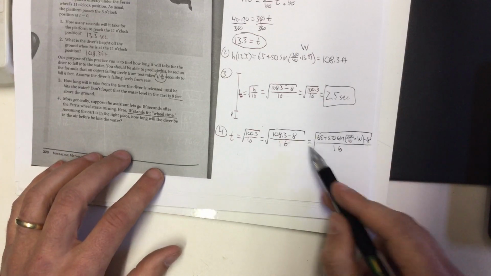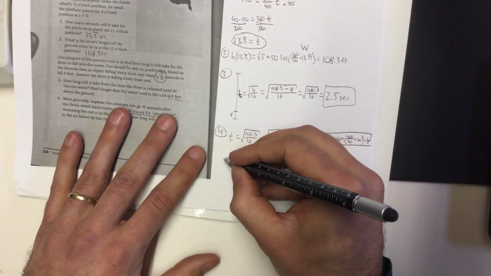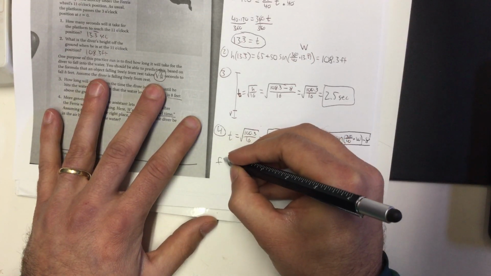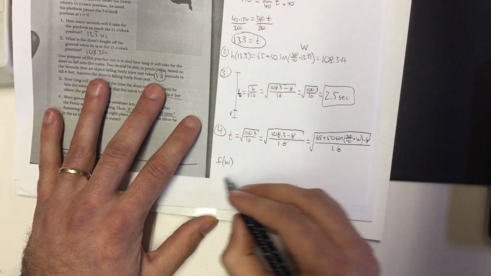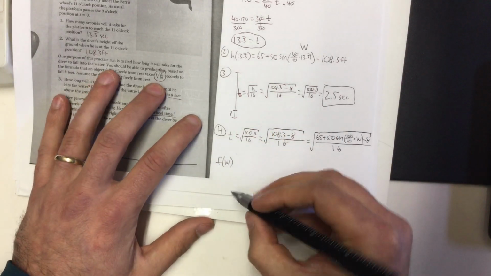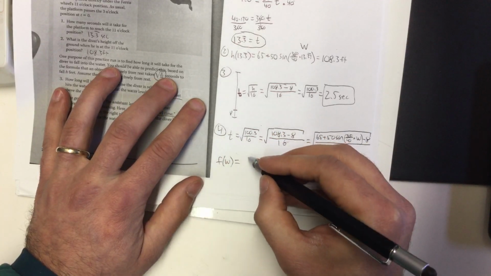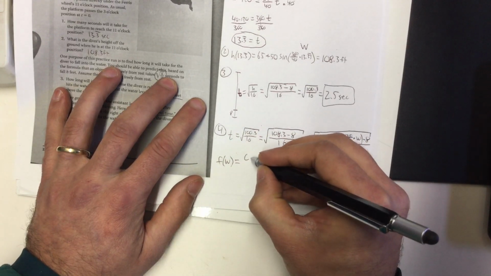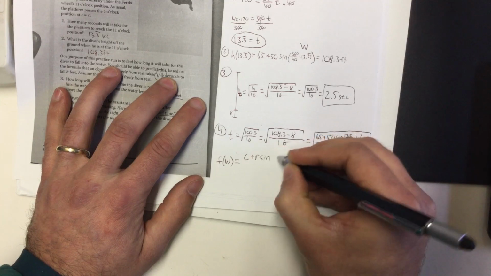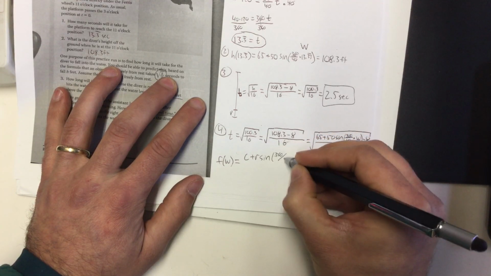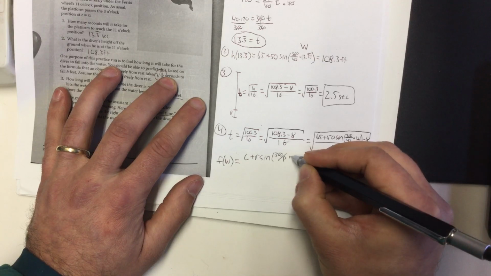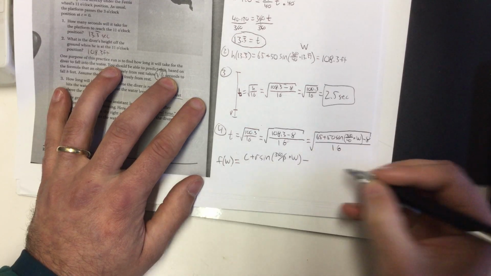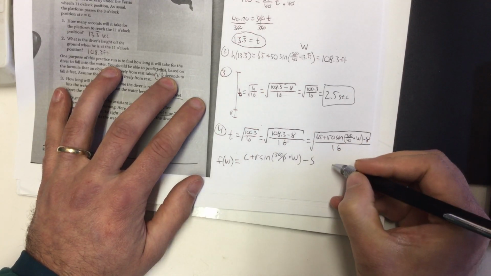And let's say we want to generalize it even a little bit more, for any Ferris wheel. Why don't we write F for fall time? The fall time as a function of the wheel time is just going to be equal to the height of the diver on the Ferris wheel, which is your center height of the Ferris wheel, plus the radius times the sine of 360 over your period times your wheel time, minus, let's call it S, for the surface of the water.